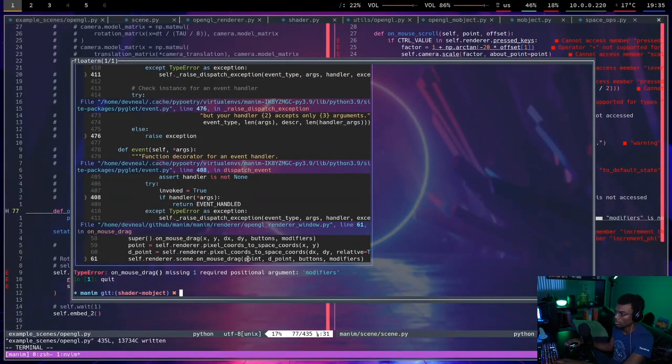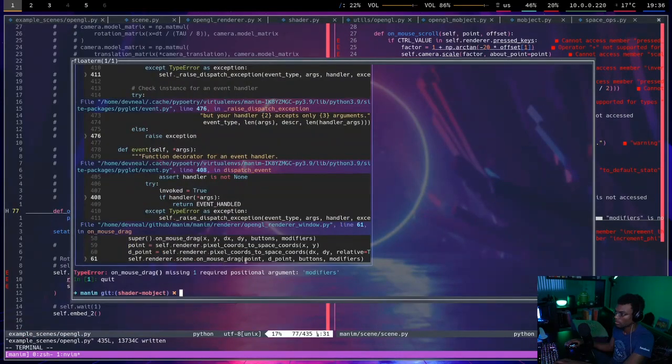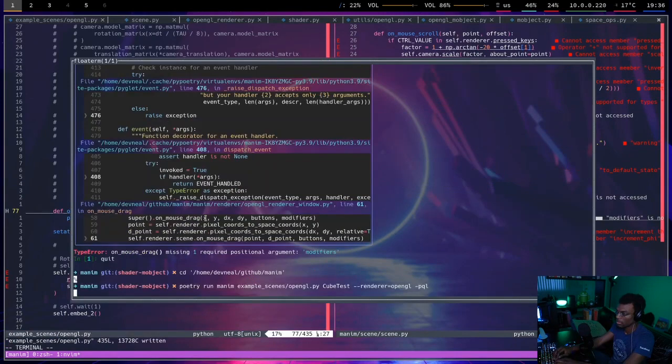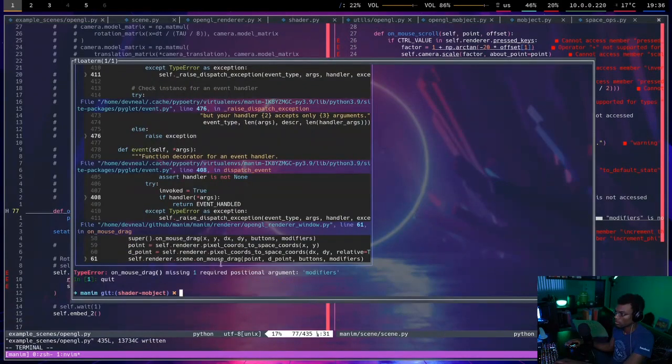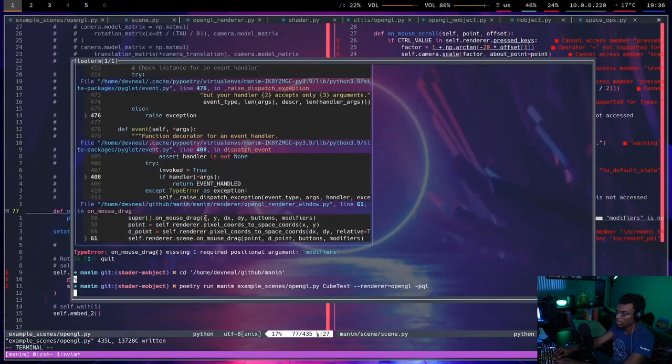D point, buttons, modifiers. Should I not be putting self? Though I don't think that makes sense.